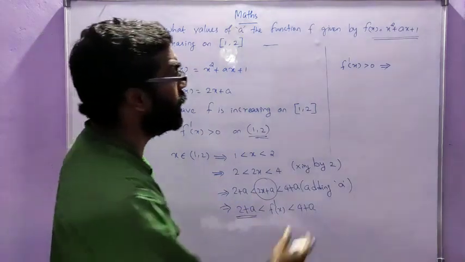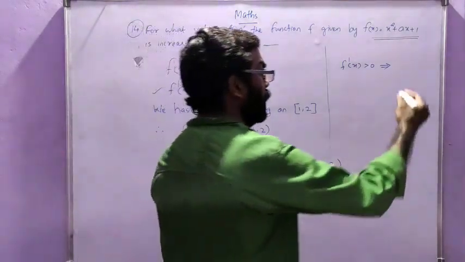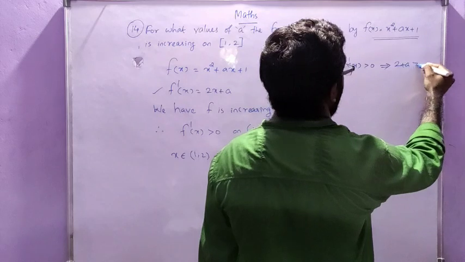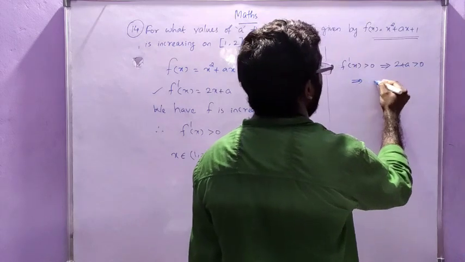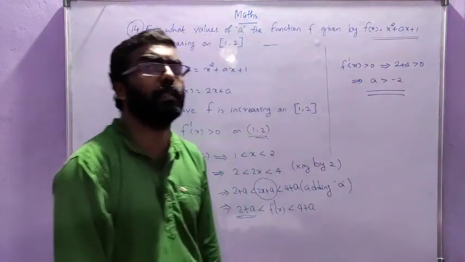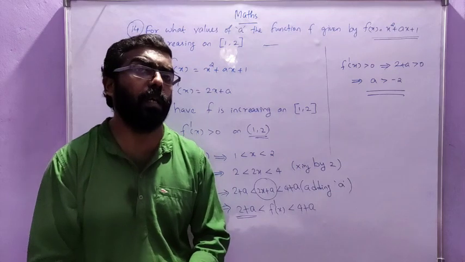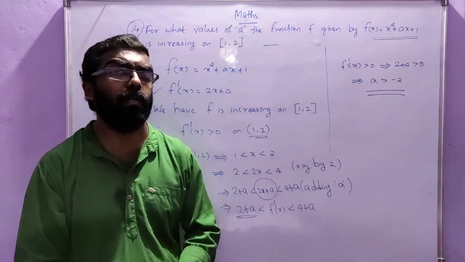So 2 plus a is greater than 0, which implies a is greater than minus 2. So our answer is a is greater than minus 2. The value of a must be greater than minus 2.